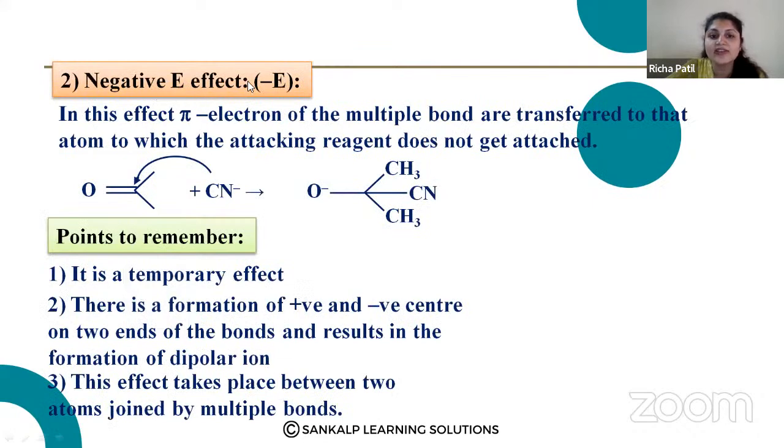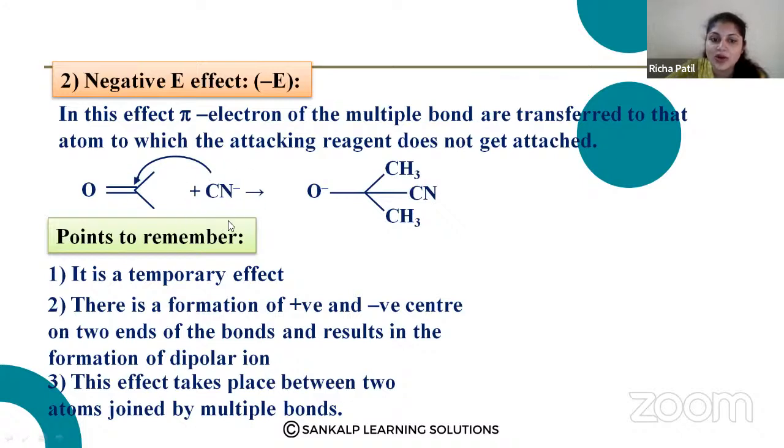So what is negative E effect? In this effect, pi electrons of the multiple bond are transferred to that atom to which the attacking reagent does not get attached. Here you can see CN minus. In the previous case there was an electrophile; here you have a nucleophile.